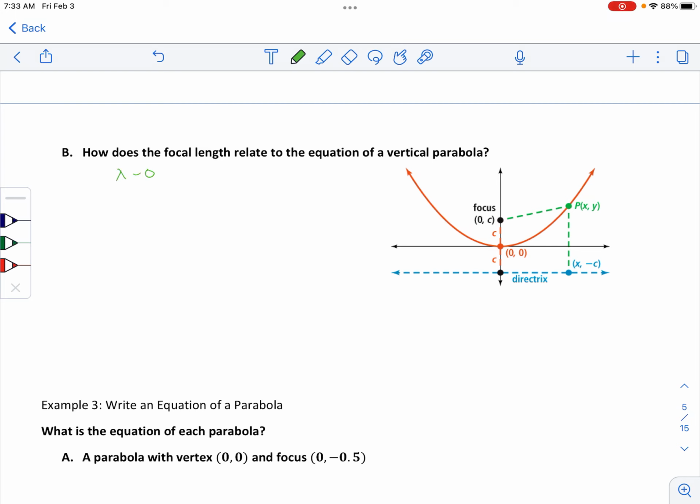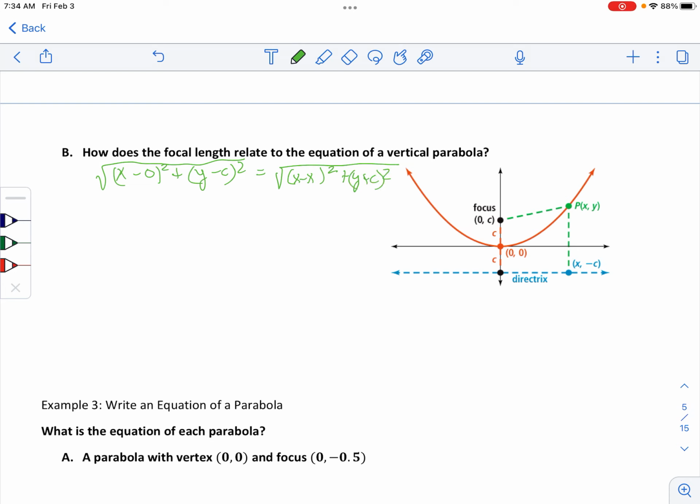So the square root of (x minus 0) squared plus (y minus c) squared, because that gives us that distance, has to equal the square root of (x minus x) squared plus (y plus c) squared.